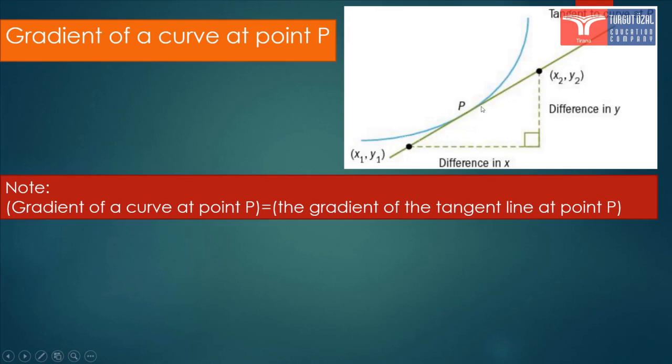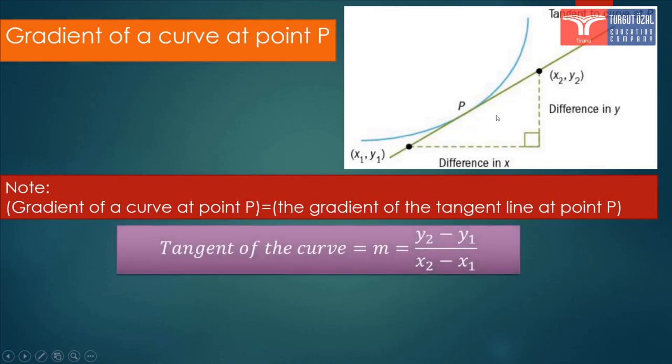Since this tangent line at the point P is a straight line, we can say that the gradient of the curve at the point P must be equal to the gradient of the tangent line at the point P. So, to find the gradient of the curve, we just need to find the gradient of the tangent line at the point P.